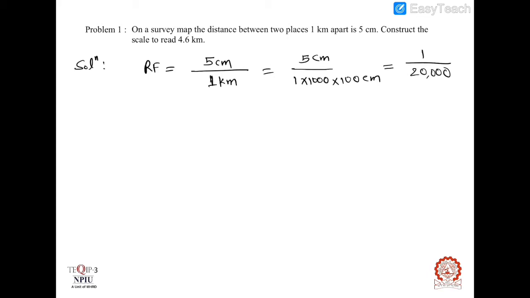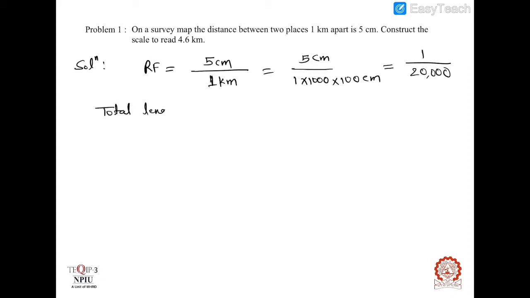So 5 kilometer on the drawing sheet will be of which length, that we can find by representative fraction. Okay, means what length we need to make to represent 5 kilometer on the drawing sheet. For that we use representative fraction.